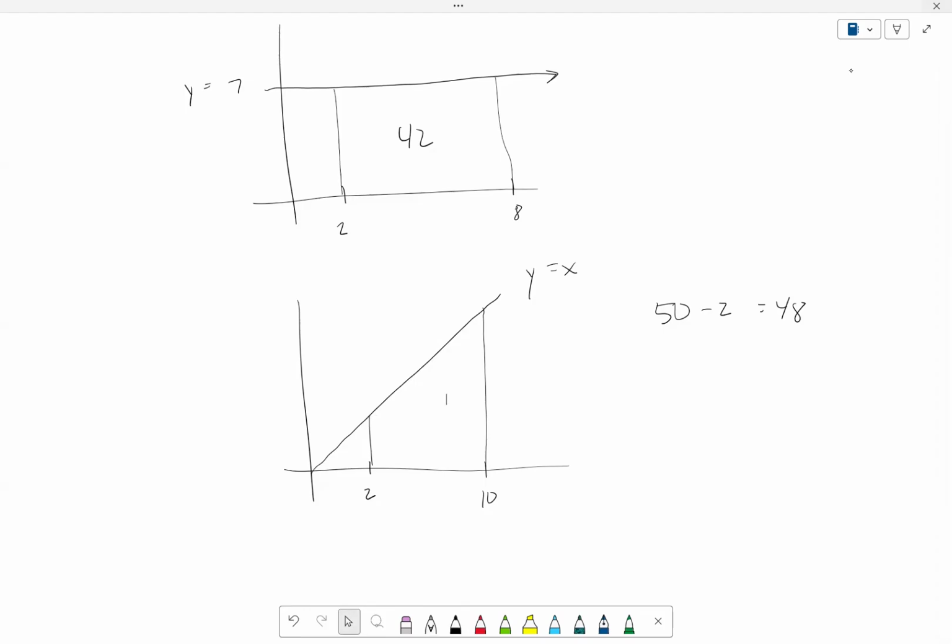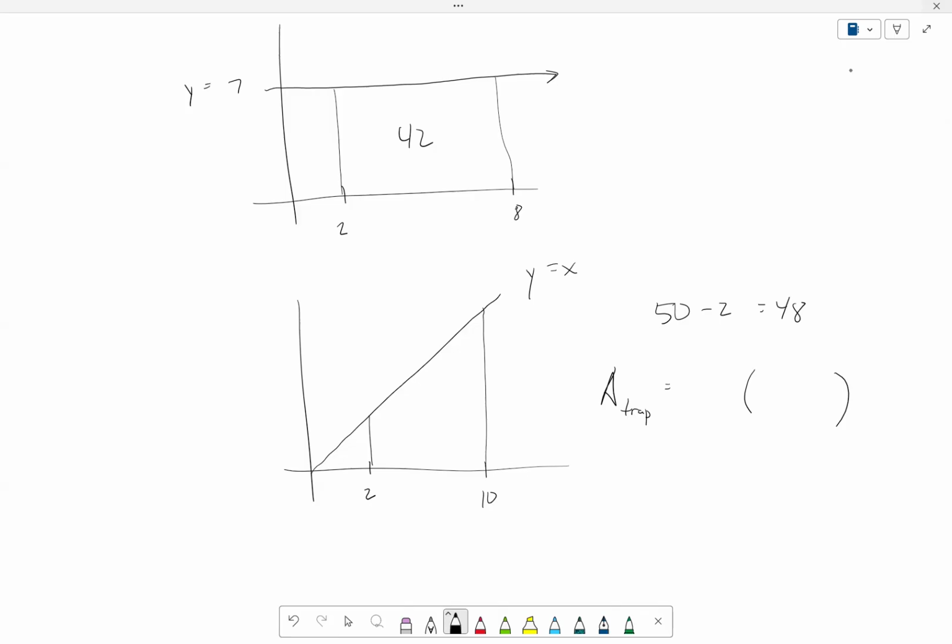Will you please discuss with your neighbor: how do you find the area of a trapezoid? Okay.